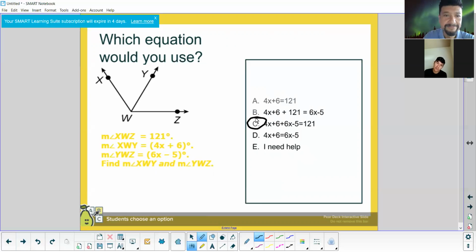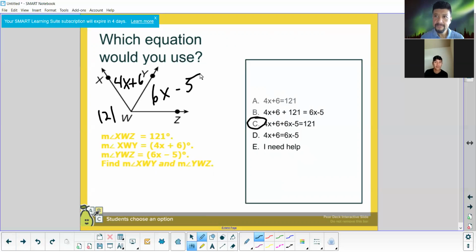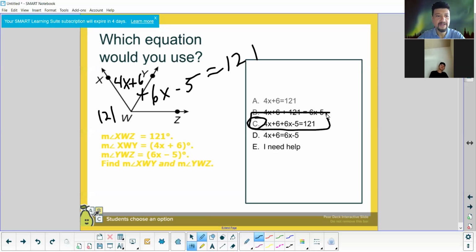Because it says that measure XWZ is 121, and XWY is 4x plus 6, and YWZ is 6x minus 5. Yeah, so the reason you're able to use it is the angle addition postulate. If you add these together, they're going to equal 121, which is what this one is saying. All right, good.